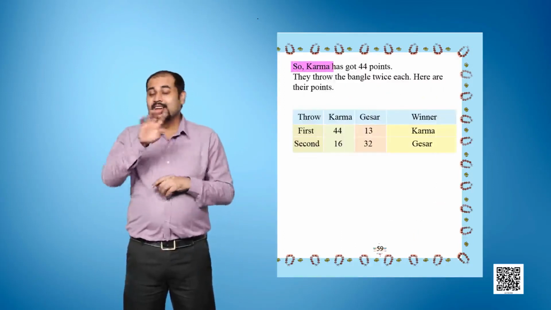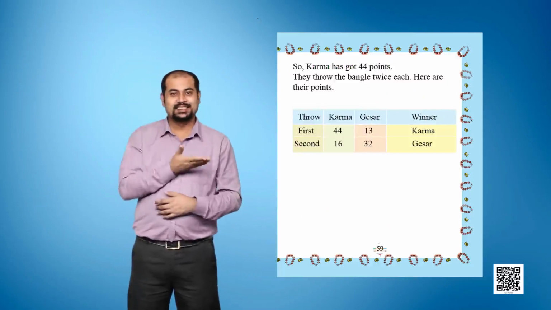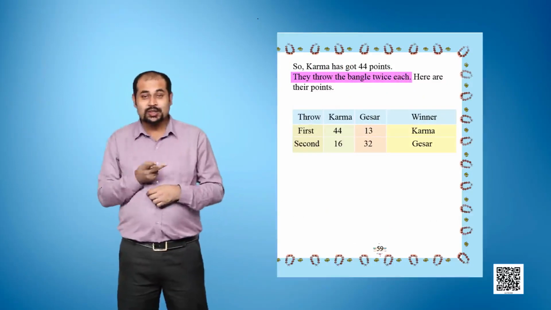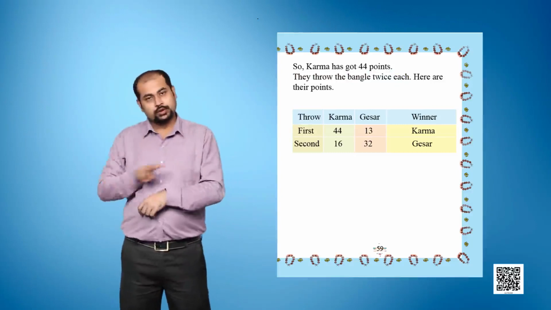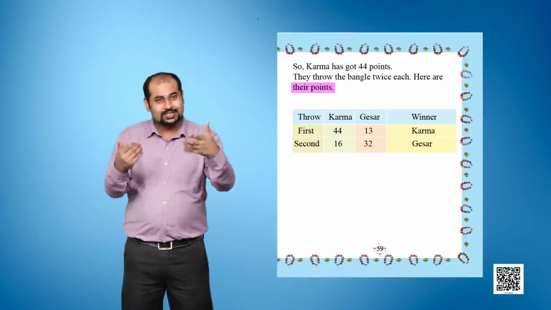So, Karma has got 44 points. They throw the bangle twice each. Here are their points.